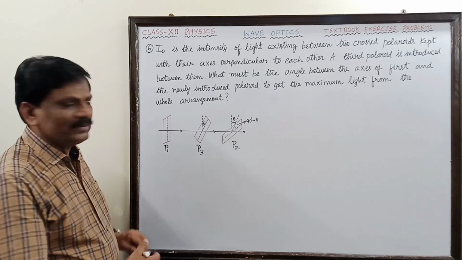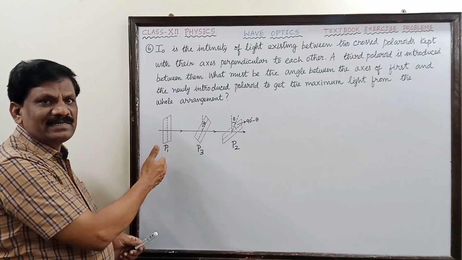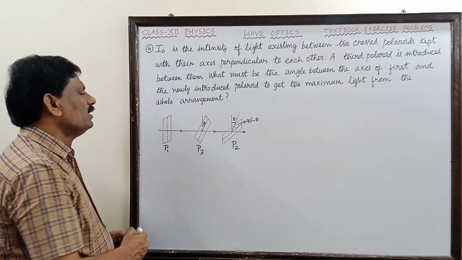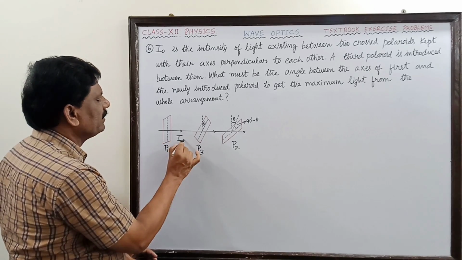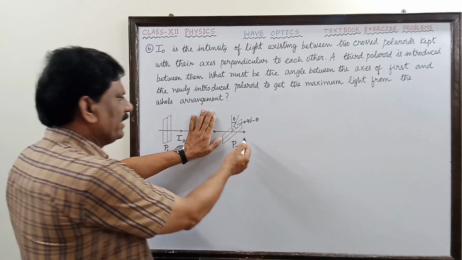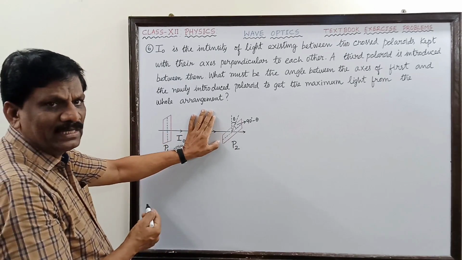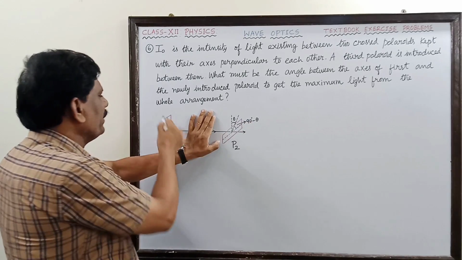Okay children, this is one Polaroid whose optic axis is in the vertical direction, and the intensity of light coming out of the first Polaroid is I0. Now a second Polaroid is kept perpendicular to the first one, so its optic axis is perpendicular to the first.